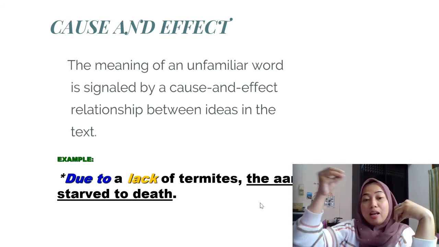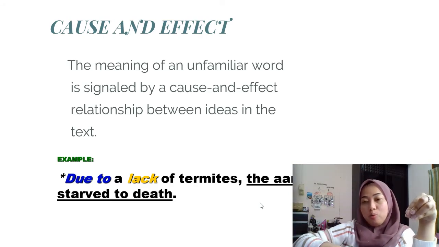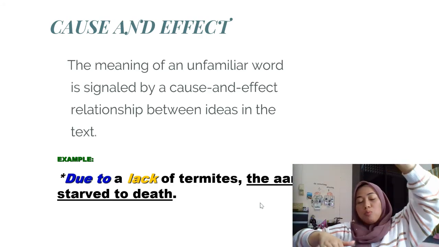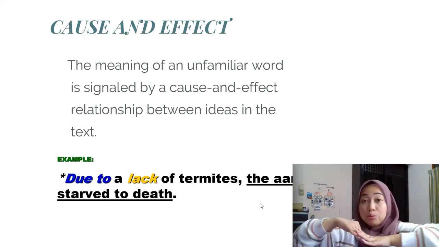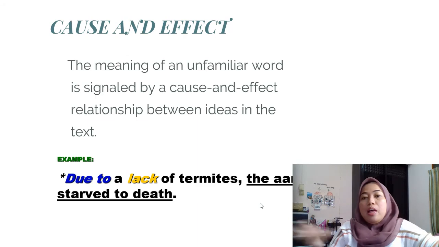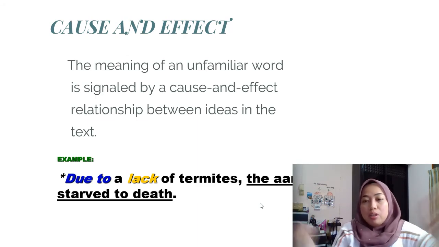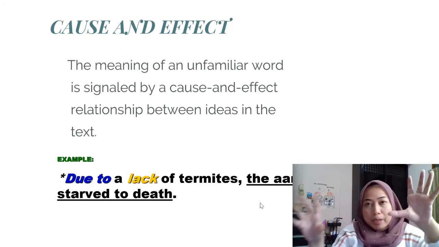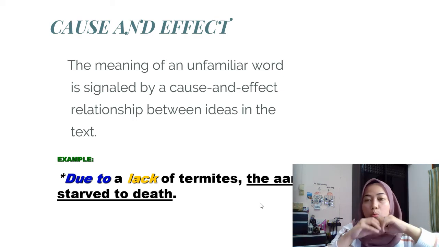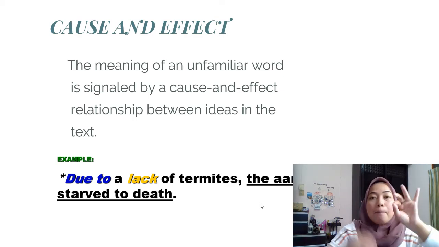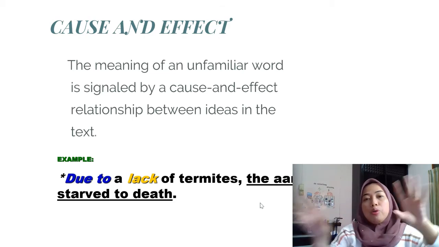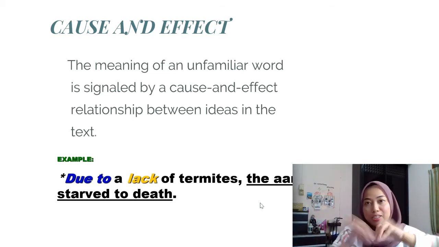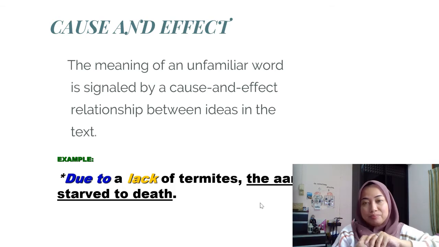Because when termites are low, it means that the aardvark would have to starve to death because it does not have any food. So do you see the cause and effect over here? You might not know how an aardvark looks or how a termite looks, but you know that there is a cycle going on there. You can see the cause and effect going on in the sentence itself. Okay?